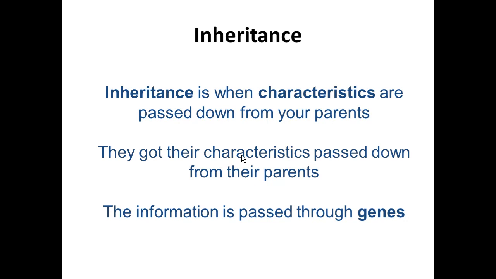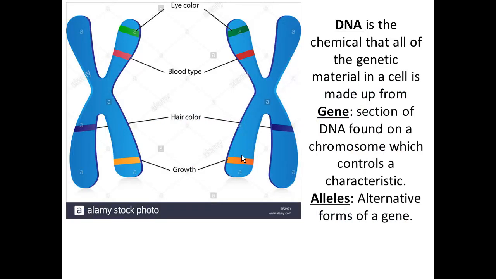To better understand what a gene is, it is better to start with the definition of DNA. DNA is the chemical that contains all the genetic information that you will need in your cells, in the nucleus of your cells, and genes are a little section of this chemical. You can find genes in chromosomes. That is the way DNA is arranged inside the nucleus of your cell.